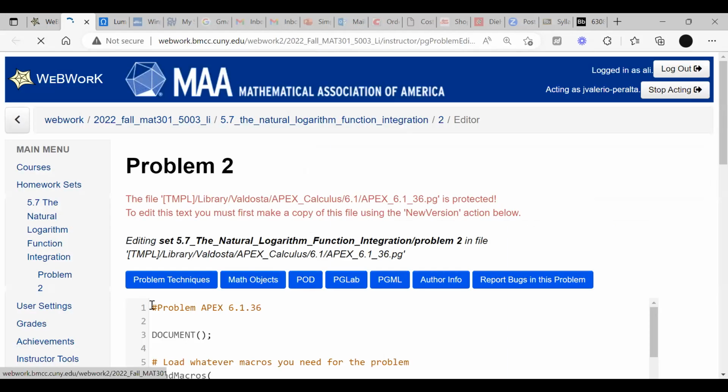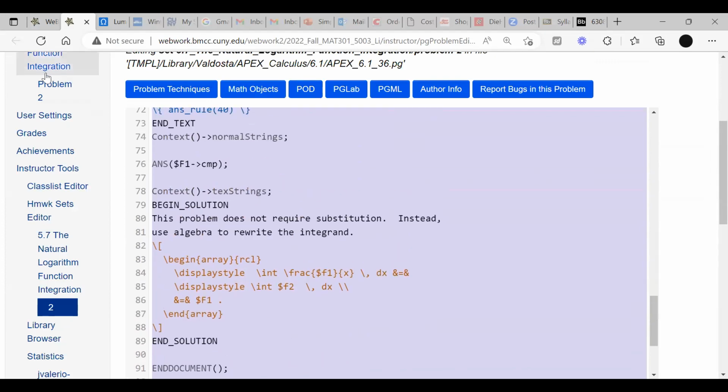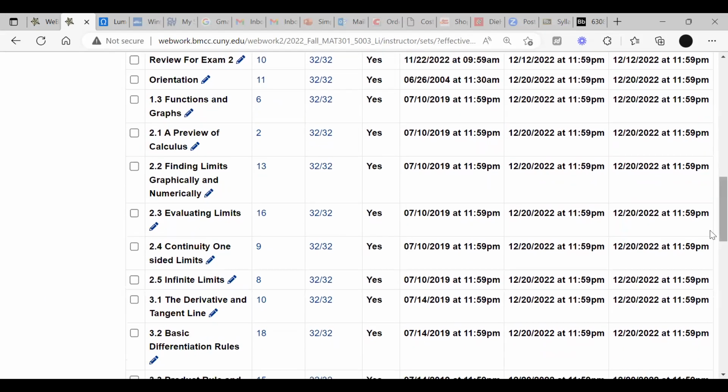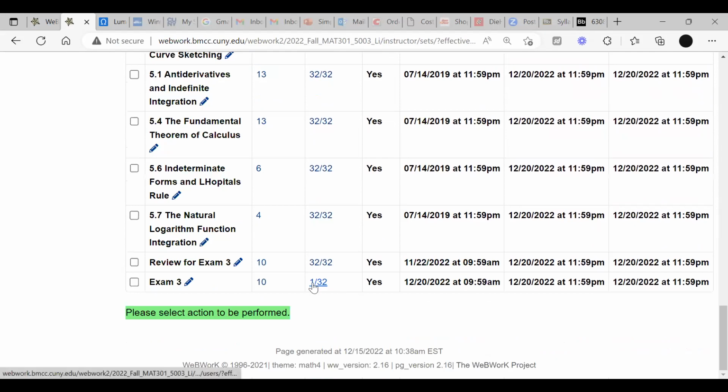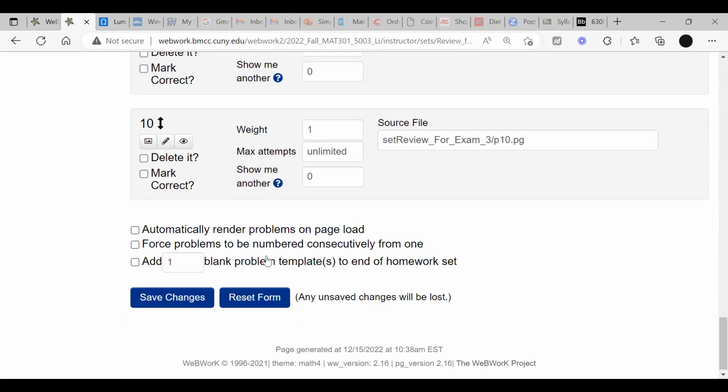I'm going to copy the code, and go to the midterm exam review. I'm glad you brought up the question, so I know this one.